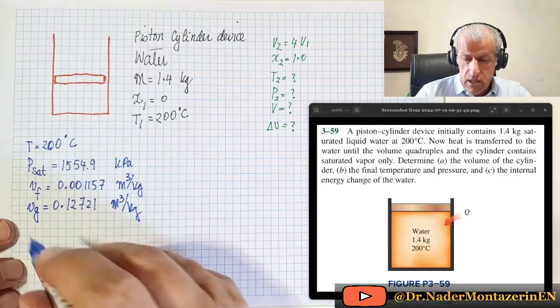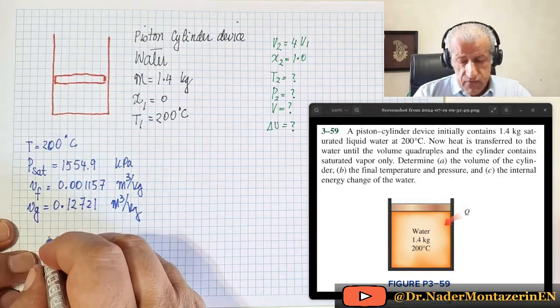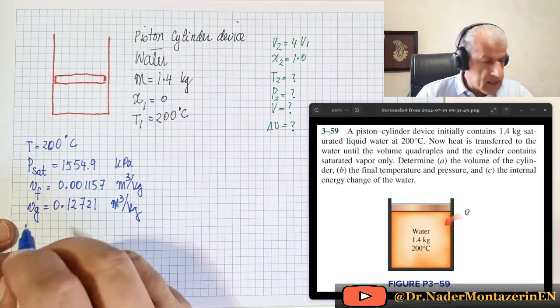And since the problem has asked us to calculate the change in internal energy, we would also read energy values from the same table, just the next few columns.